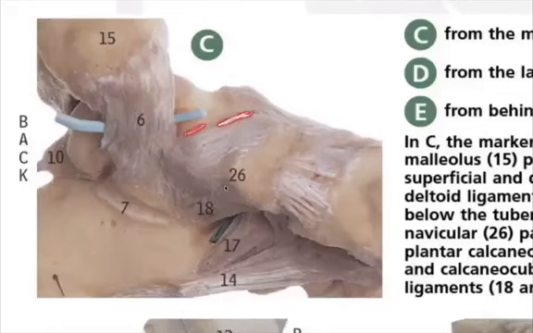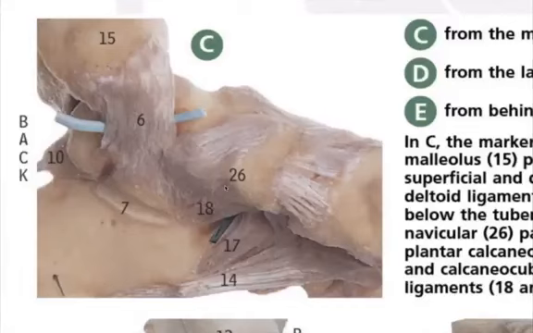As you can see, number 18 is the spring ligament, so the deltoid also has some attachment with the spring ligament. So again, superiorly with the medial malleolus, inferiorly with the sustentaculum tali, along with the body and the neck of the talus, and also with the spring ligament.